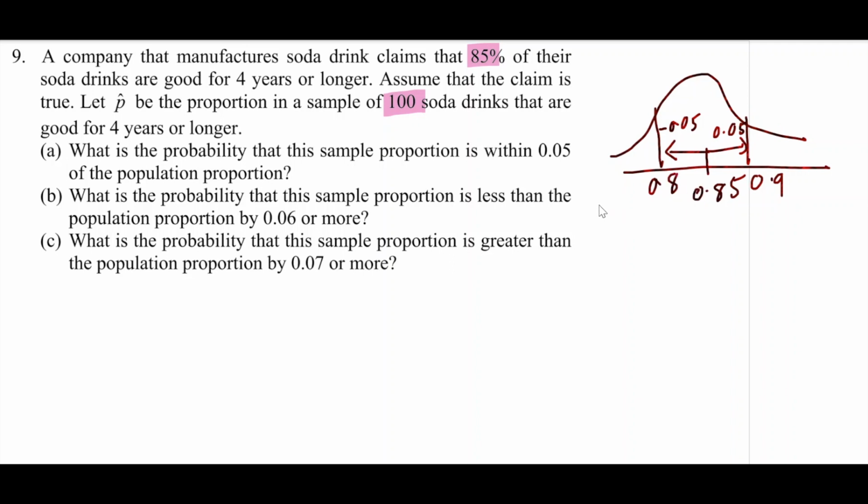So for question A, you would find this area here, which is the probability that P hat is between 0.8 and 0.9.